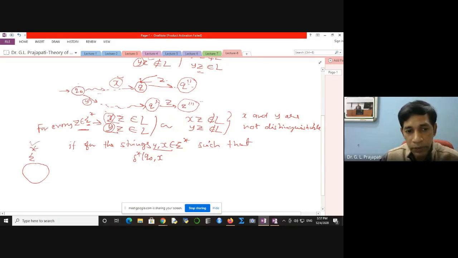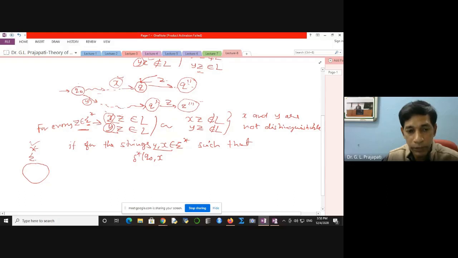And if all such possible strings are distinguishable, this means what? Your FA should go to different places. If it goes to different places, this means that your FA should have infinite states. And it means you can't construct the FA for such cases.